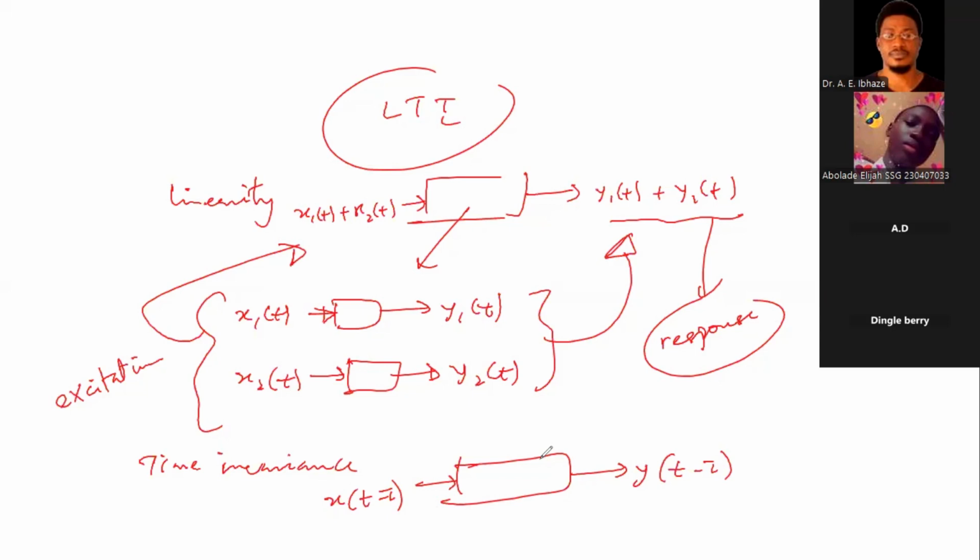Now, to summarize, if we have a linear time invariant system, say LTI systems, as we'll be mentioning as we progress, and we have the excitation to the system, this system is characterized by h(t), the impulse response of the system. Then the output y(t) should be the convolution of this input and the system parameter.